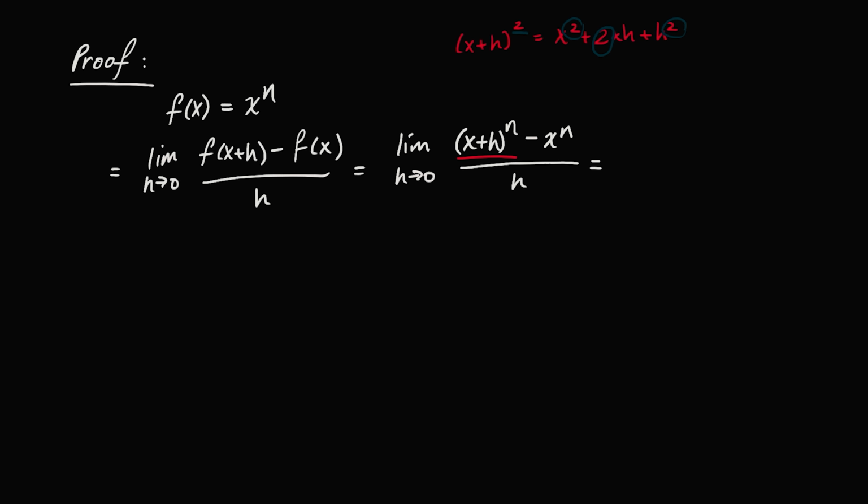So if we write x plus h to the n power, it's just going to be equal to x to the n power plus nxh plus h to the n power, if we write it simply like that.